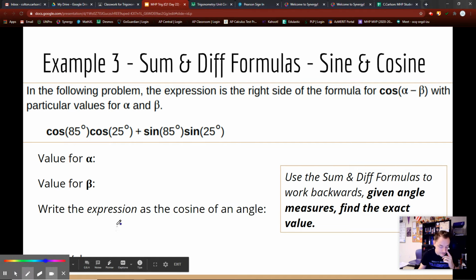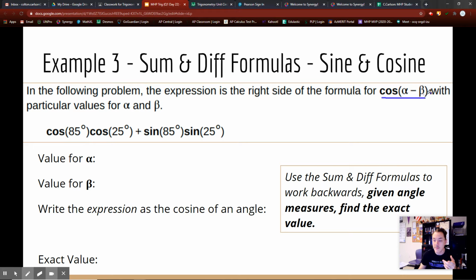So watch. Cosine of alpha minus beta, that means my alpha is my first one. So that is 85 degrees. This is alpha, which means my beta is 25 degrees. So what's the expression? What is it actually asking?